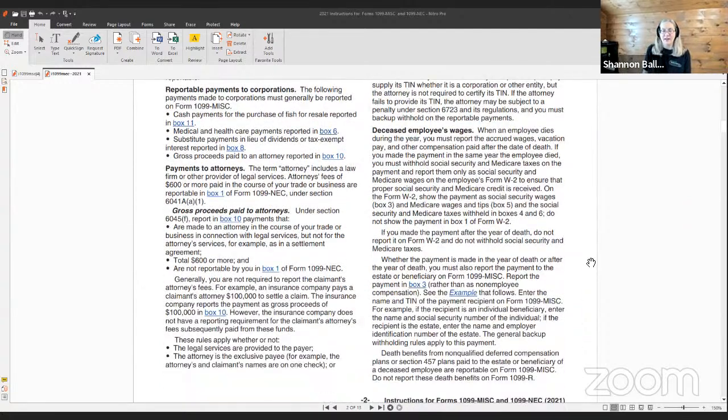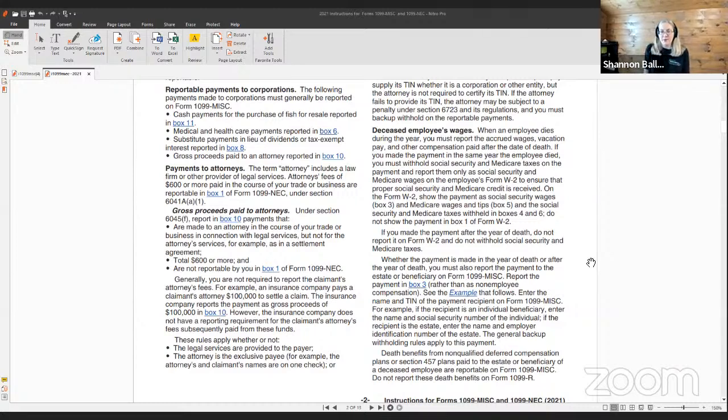Deceased employee wages. When an employee dies during the year, you must report the accrued wages, vacation pay, and other compensation paid after the date of death. If you make the payment in the same year the employee died, you must withhold Social Security and Medicare taxes on the payment and report them only as Social Security and Medicare wages on the employee's Form W-2 to ensure the proper Social Security and Medicare credit is received.